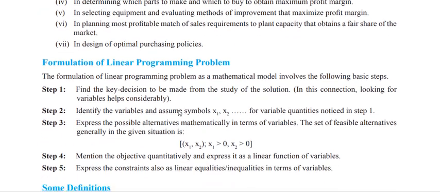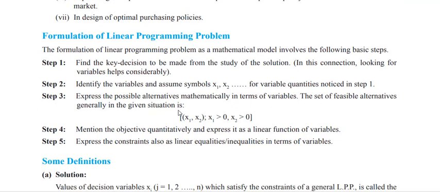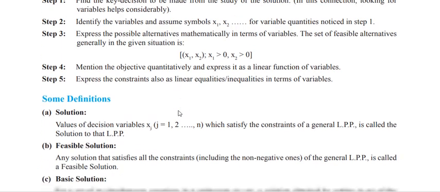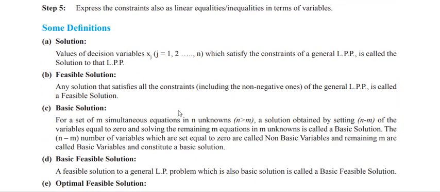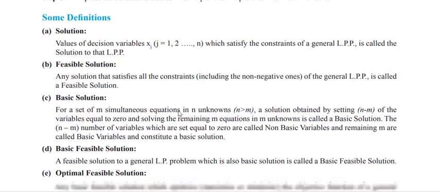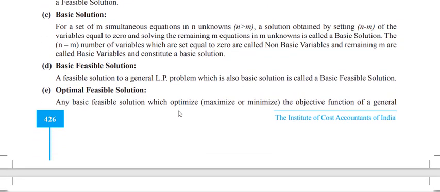How to formulate a linear programming problem? Some steps are there, but when we formulate a problem, we will automatically learn all these things, so we should not waste our time reading all of them. Further, there are some definitions again: what are decision variables, what is a feasible solution, basic solution, optimal feasible solution.